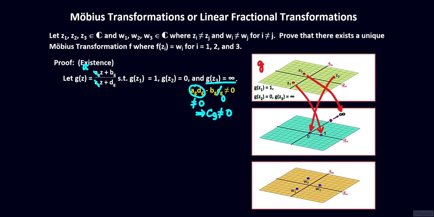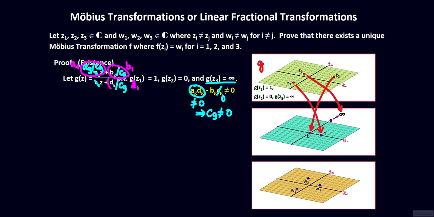We divide every term in g(z) by c_g. Let a1 be equal to a_g divided by c_g. Let b1 be equal to b_g divided by c_g.